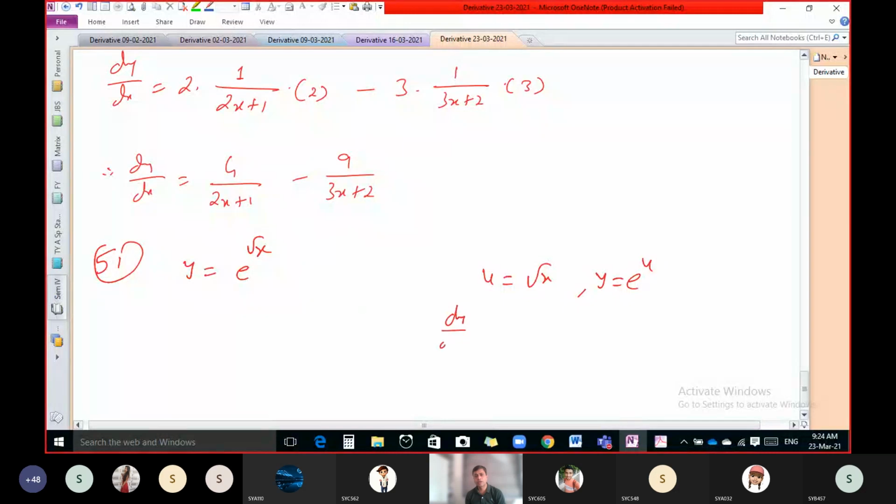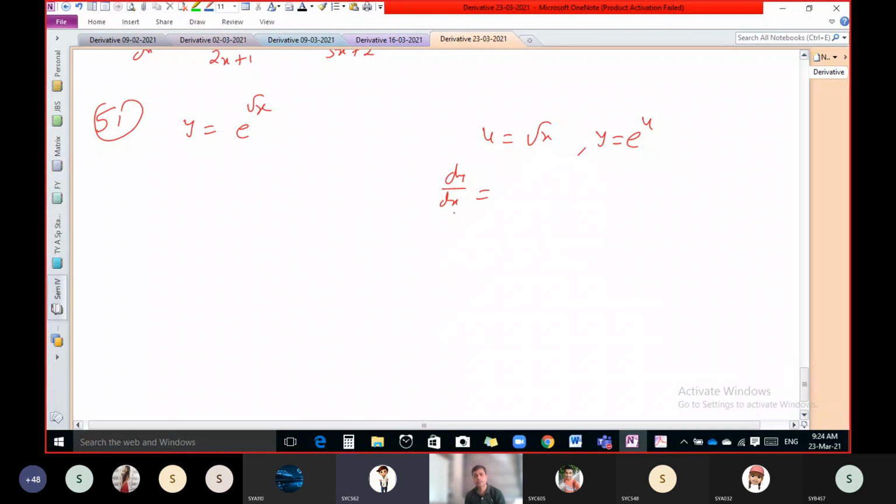Now tell me the derivative of root x. 1 by 2 x raised to minus 1 by 2. Or you can write directly 1 upon 2 root x. Yes, you are right. But that simplification is nothing but 1 upon 2 root x.